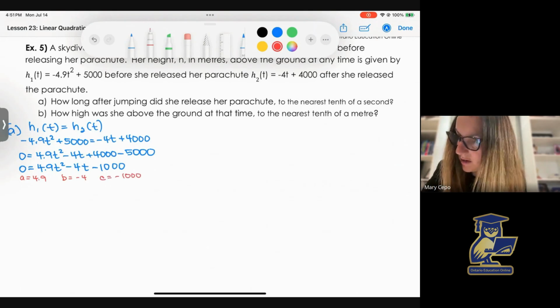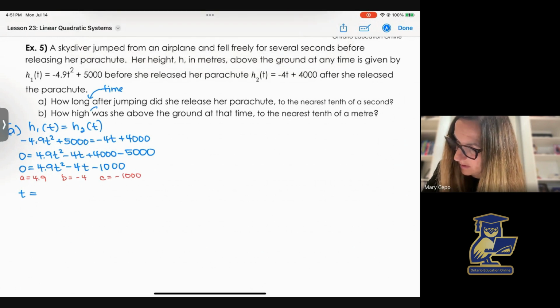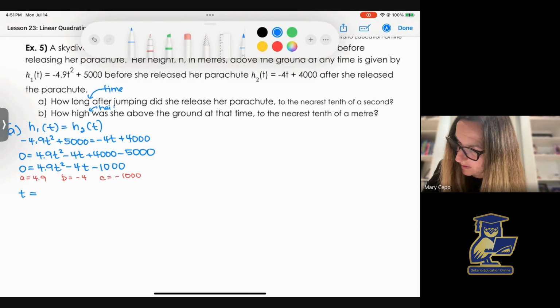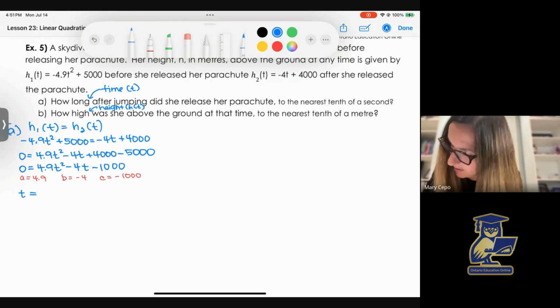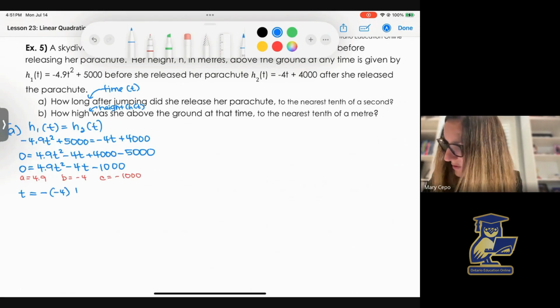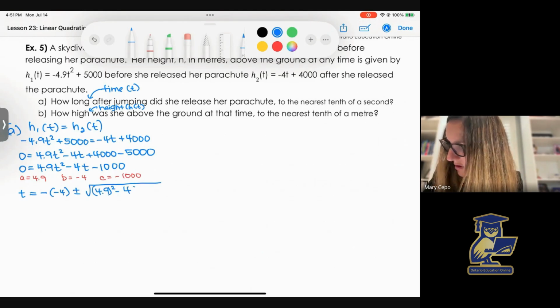With that in mind, we know t, where how long means time, is equal to negative b, so negative negative 4, plus or minus the square root of b squared minus 4ac.